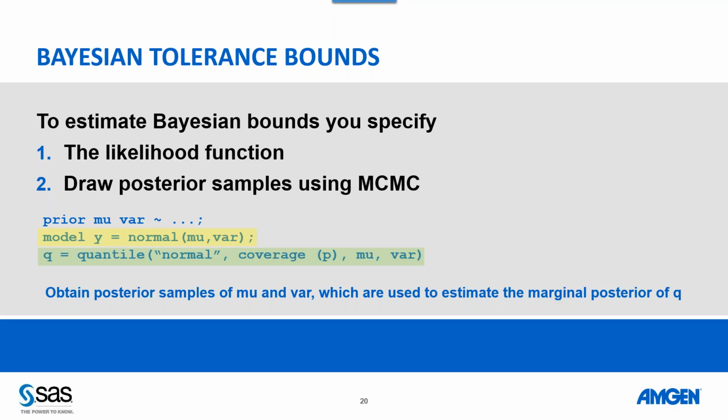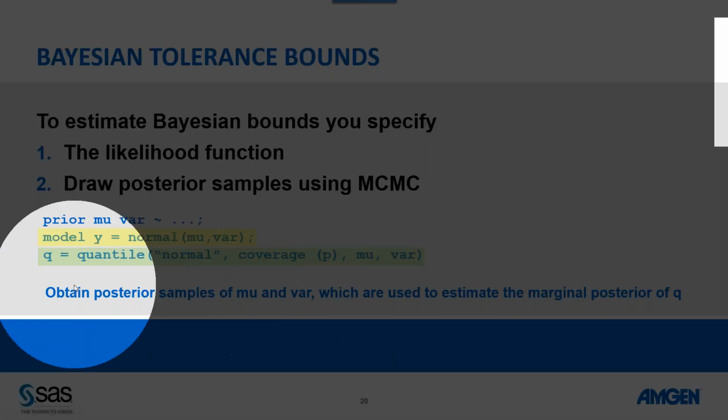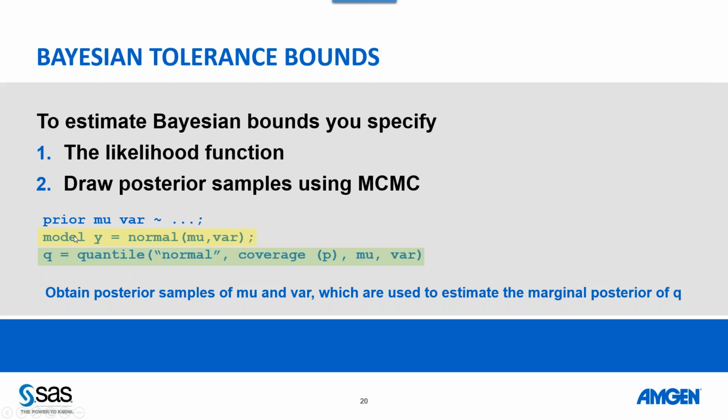You define the likelihood, you define priors for the parameters, the mean and the variance, and then you pass those parameters literally just like that to the function. And this will calculate the quantile of interest, either lower or upper, and then you'll have the posterior distribution of that. And yeah, it kind of works for any distribution, quote unquote.